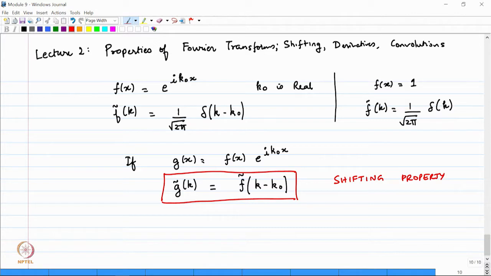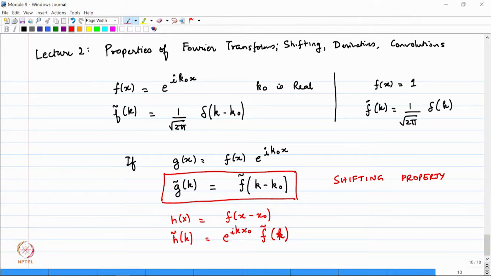And obviously, you could also do this: suppose I had h of x equal to f of x minus x 0, a function evaluated at some different point. Then you can immediately see that h tilde of k is equal to e to the i k x 0 times f tilde of k.